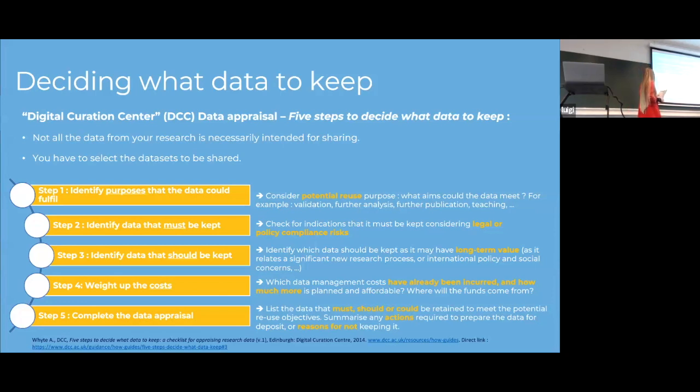Step 3 is to identify the data that should be kept, as it relates, for example, to a significant new research process, so new discovery, or because it's in line with actual international policy, or social concerns, etc. So, what data should be kept?